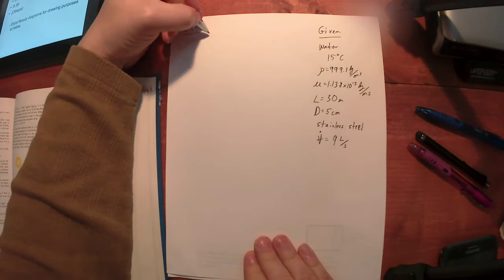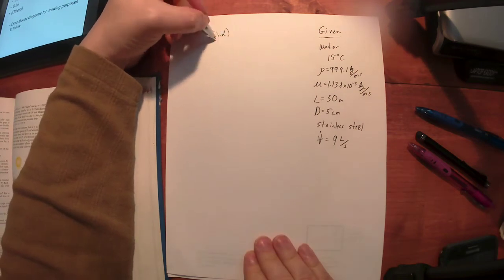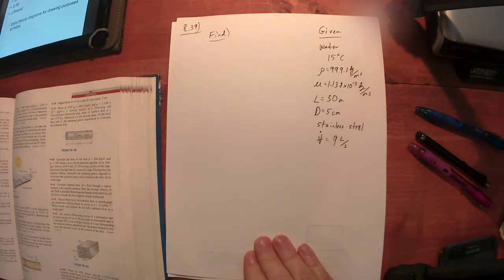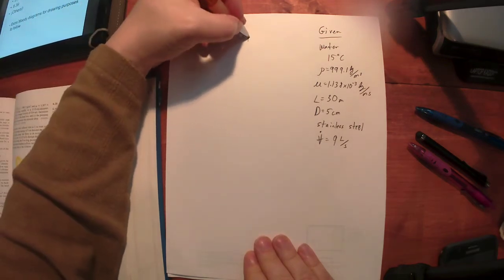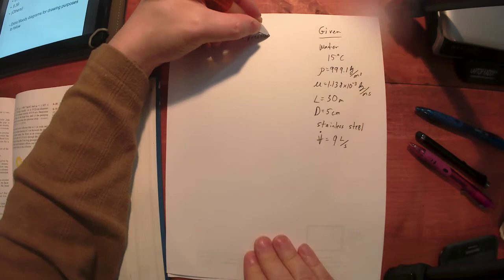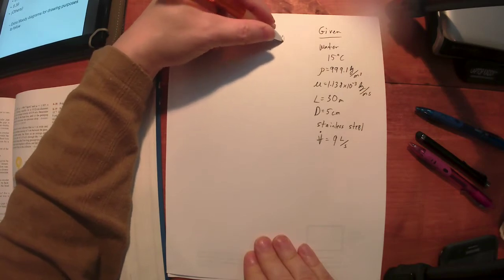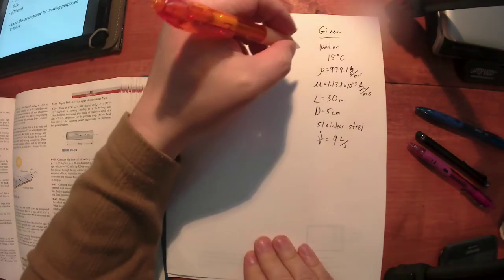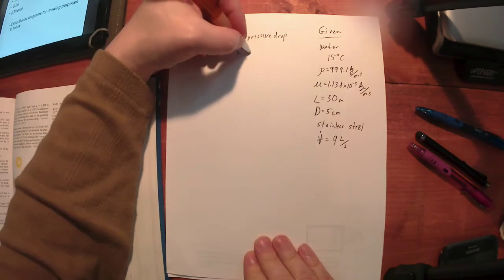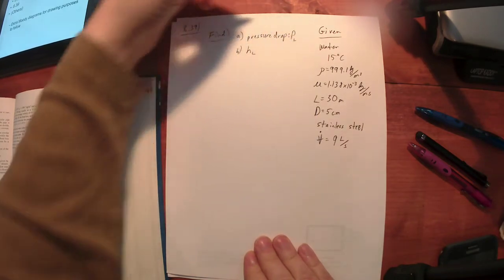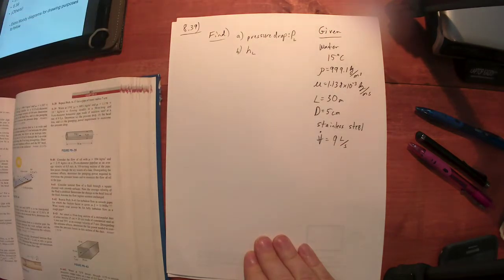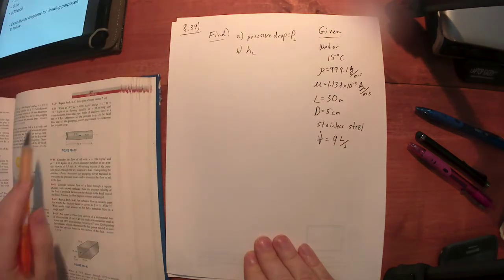They want us to find a few things, and they're essentially asking for the same stuff in different ways. They want us to find the pressure drop, which I would suggest is P sub L, the pressure loss. They want us to find the head loss.